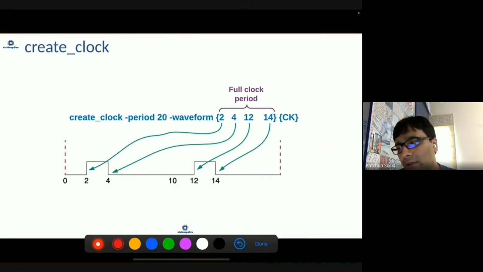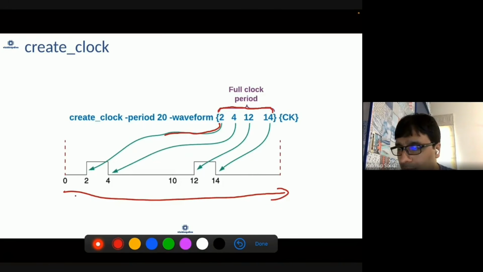The only thing is the waveform option has to define the behavior in a full clock period, which it is doing here, that within a full clock period, it is rising at 2, falling at 4, then rising at 12 again, and falling at 14.